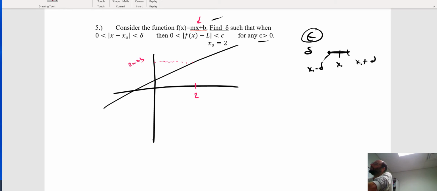Now, if I go to the left by an amount 2 minus delta, this is now m times 2 minus delta plus b. That's the function value evaluated there. Now I imagine going to the right by 2 plus delta. Our function value is m times 2 plus delta plus b.